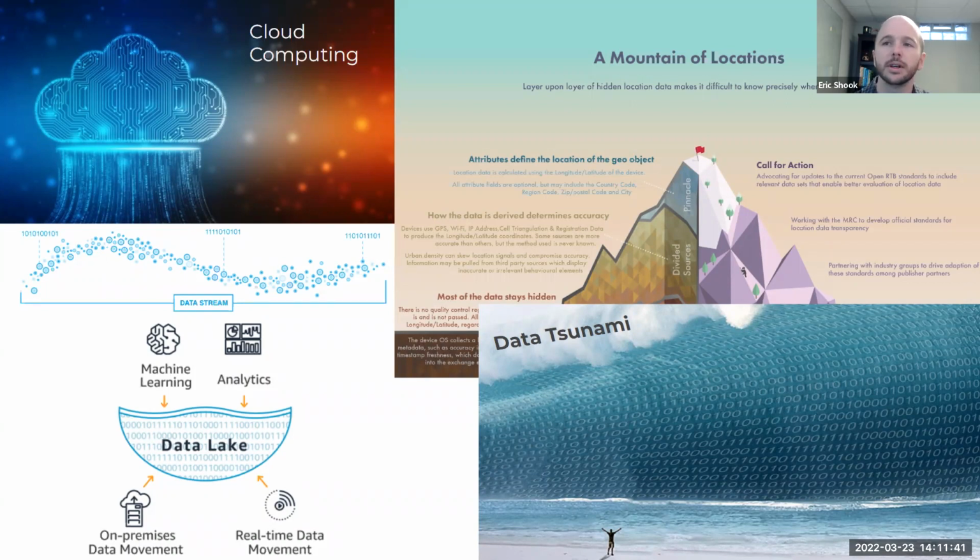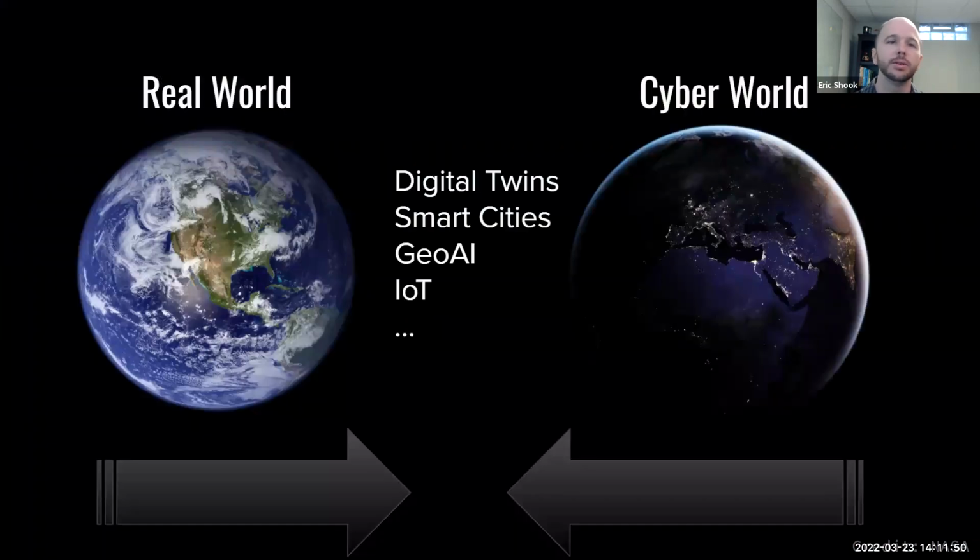Increasingly, we're starting to understand our world, not just through our own eyes and experiences, but through data. And these two worlds, the real world and the cyber world, are starting to converge. And we see it in all sorts of places and under all sorts of names.